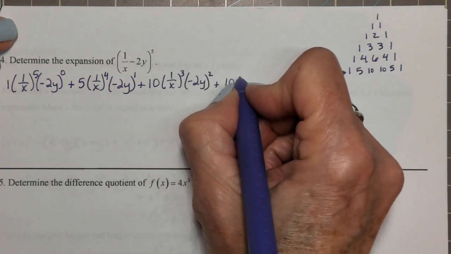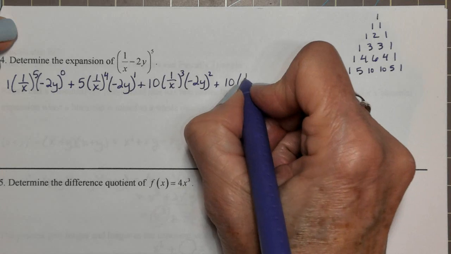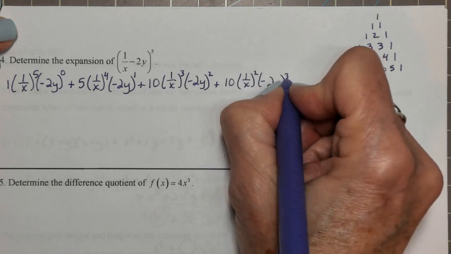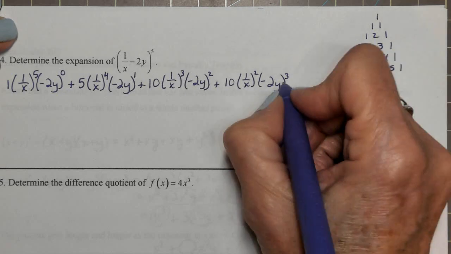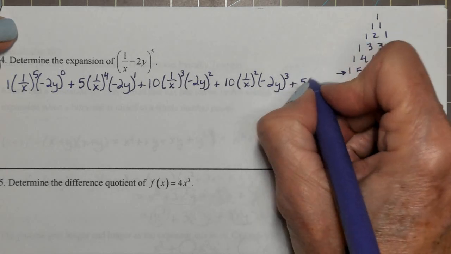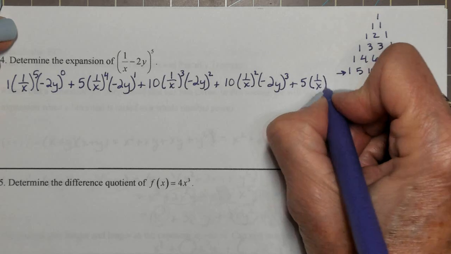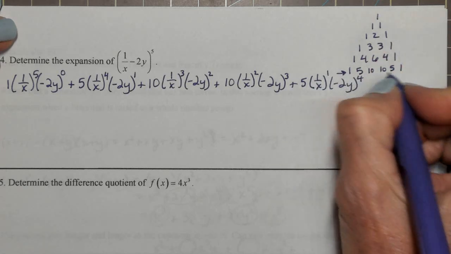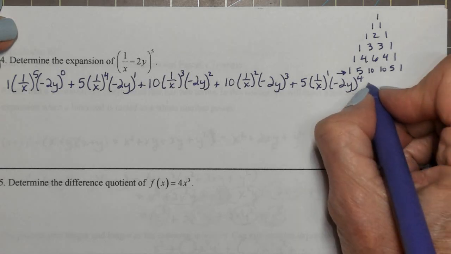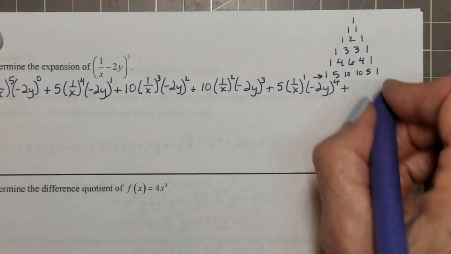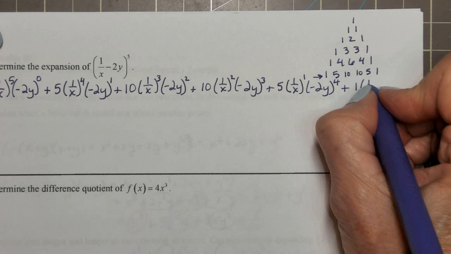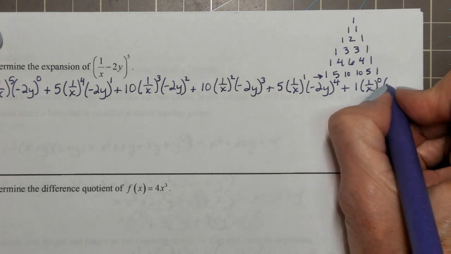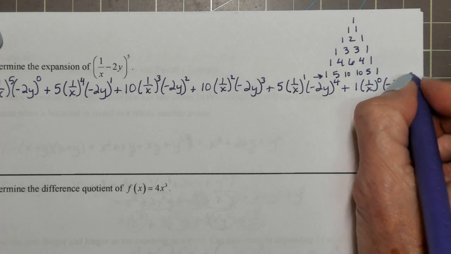plus another 10 times 1 over x to the 2nd times negative 2y cubed, plus 5 times 1 over x to the 1st times negative 2y to the 4th, plus 1 times 1 over x to the 0, of course you don't have to write that one, times negative 2y to the 5th.